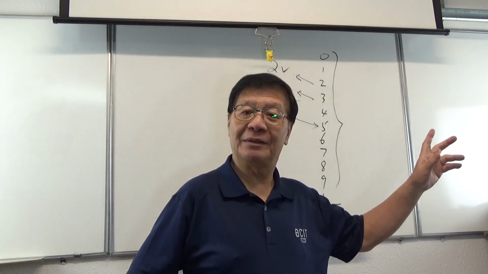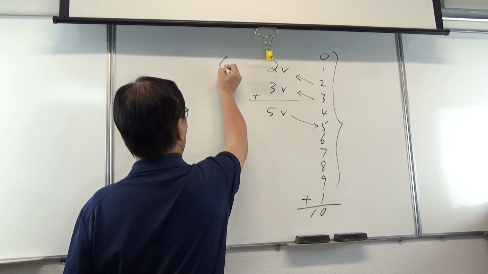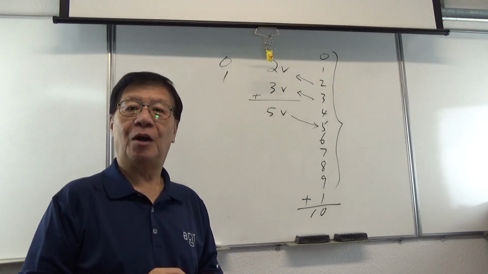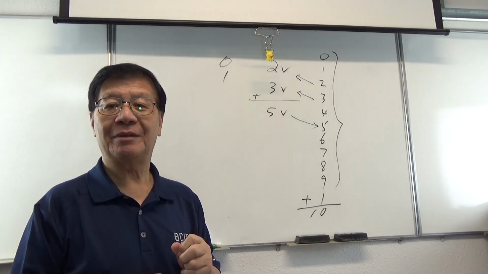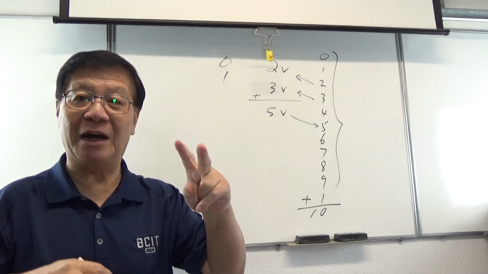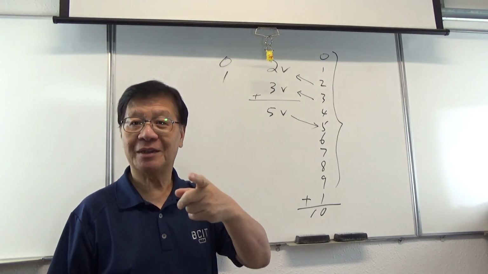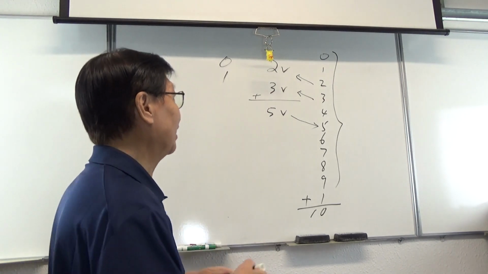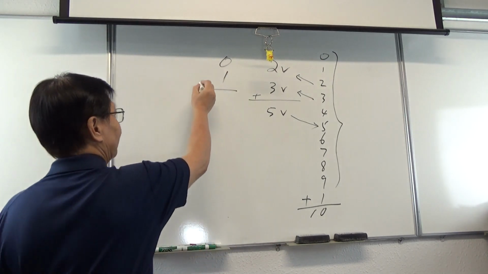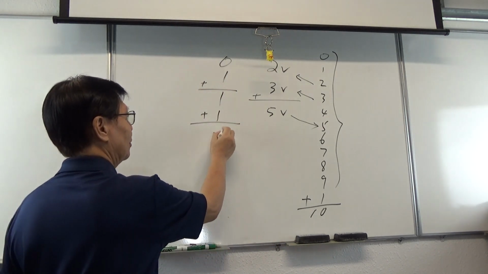Now let's take a look at the first thing. We have a new system, 0 and 1. Only 2 symbols, and 2 symbols are enough to represent all numbers. Let's take a look. 0 plus 1 is 1. 1 plus 1, 2?